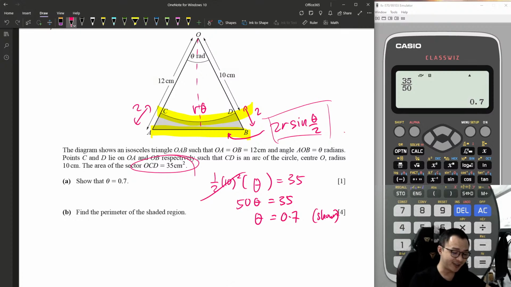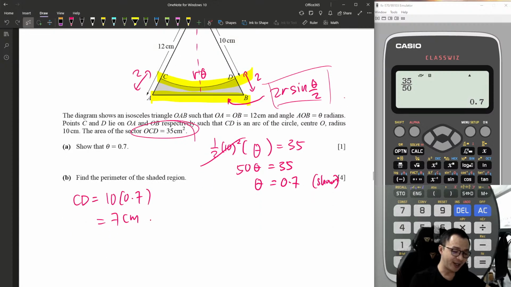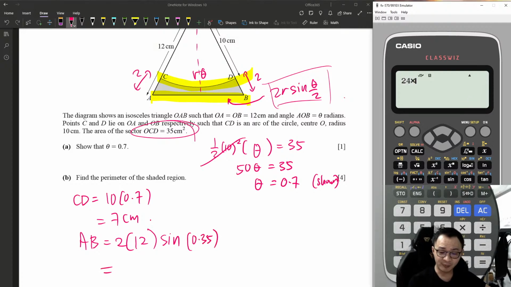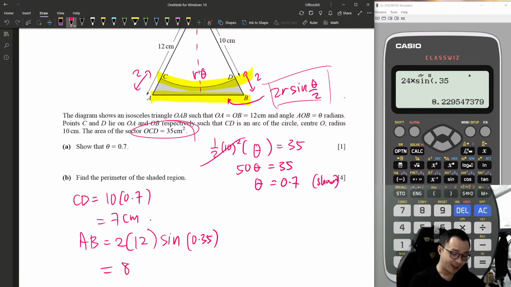Okay, let's find the CD first. So r is 10, theta is 0.7, so it's 7 centimeter. Then I want to find the AB. It's 2r sine theta over 2. My r here is 12, so 2r sine, theta is 0.7, divided by 2 is 0.35. So it's 24 multiplied by sine 0.35. So this is 8.23 centimeter.